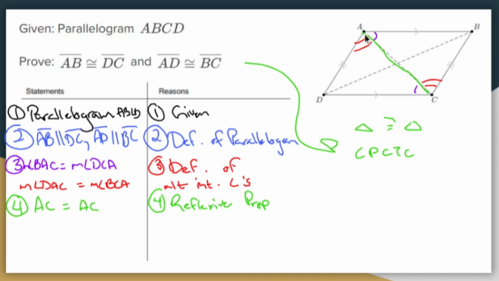Now that I used angle, side, angle, I can say that those triangles, and let's make sure we have it in order. Let's do triangle ACD is congruent to red, purple, so CAB.